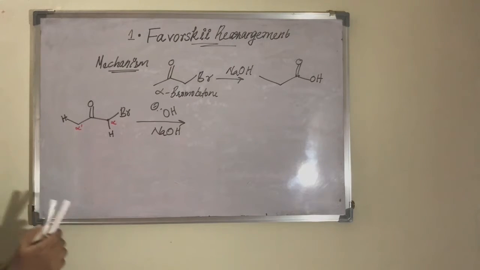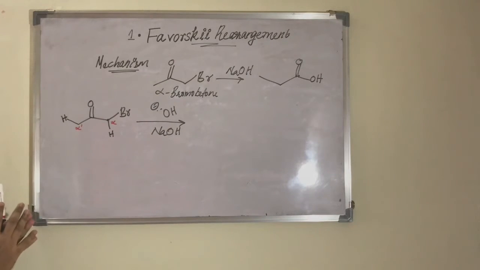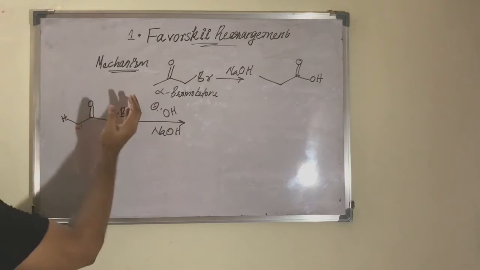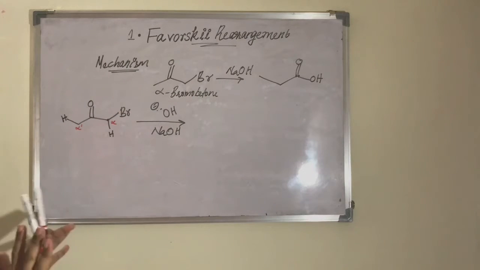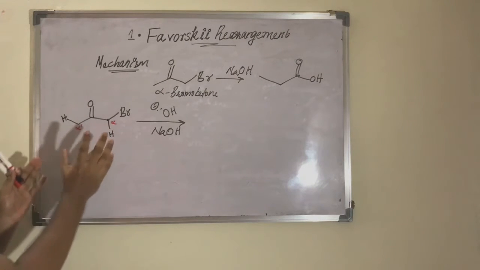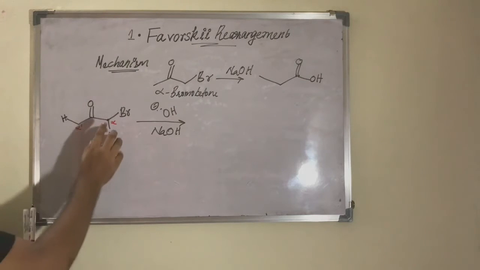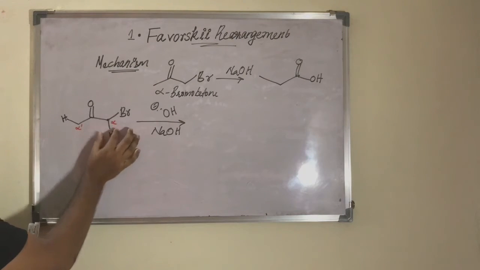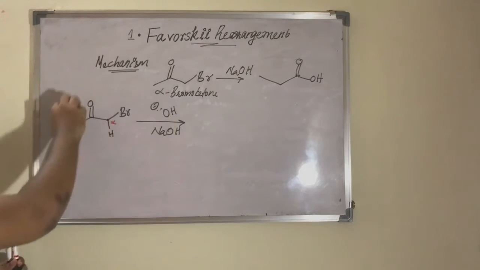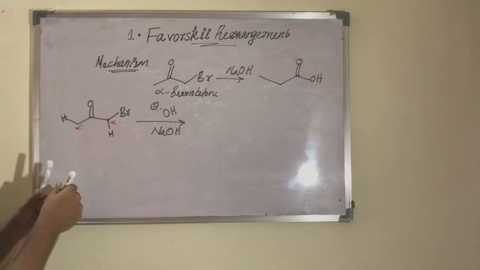Selectively, this base abstracts this alpha hydrogen, the one opposite to the halogen. That is very important. Logically, the other is the highly acidic hydrogen in the general concept, but in this reaction the base will abstract this hydrogen.